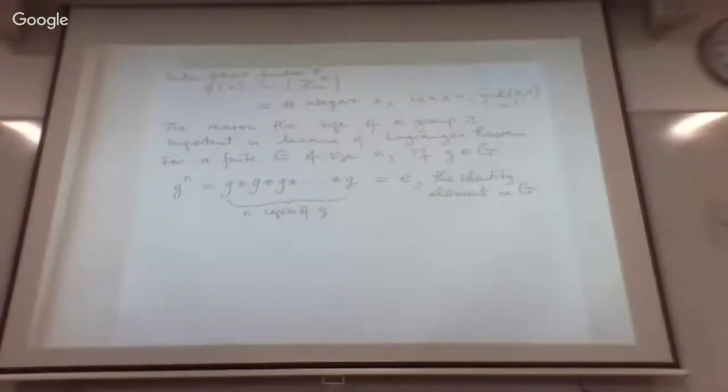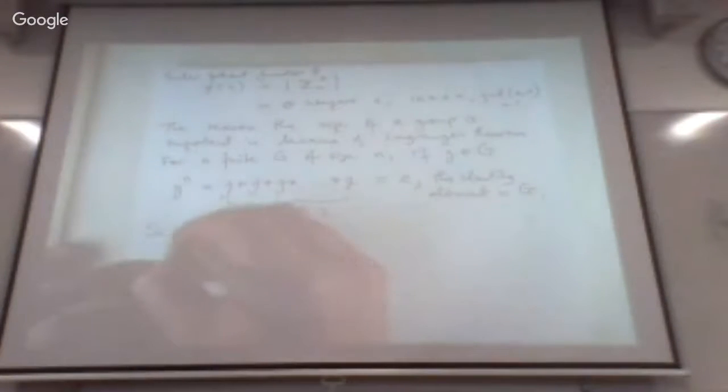So in our context, inside these groups of congruence classes of integers modulo n under multiplication modulo n, this becomes Euler's theorem.